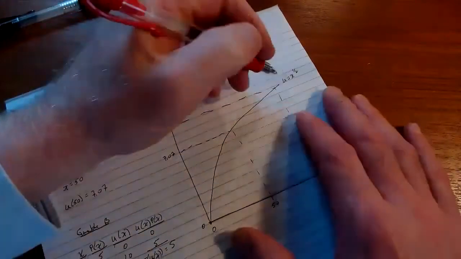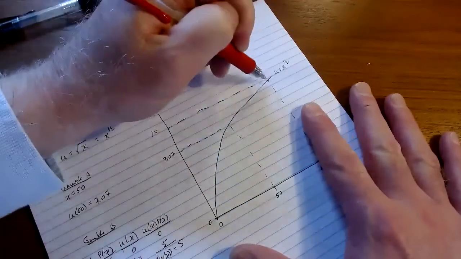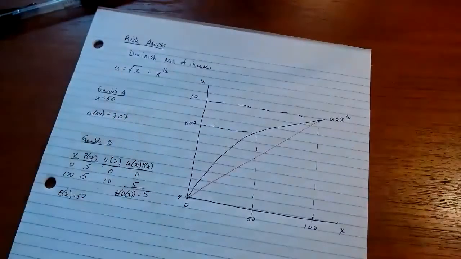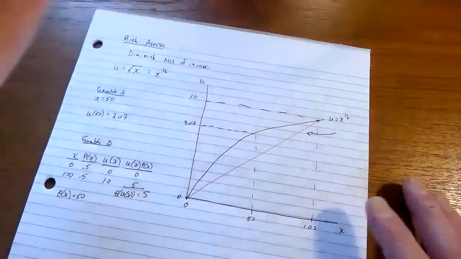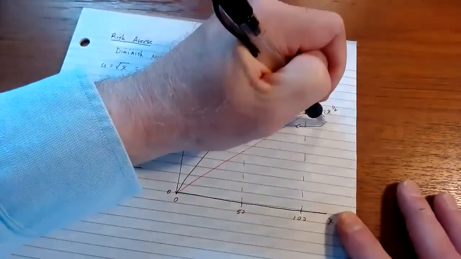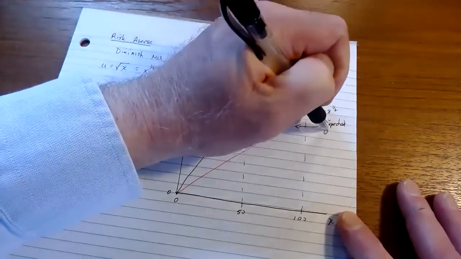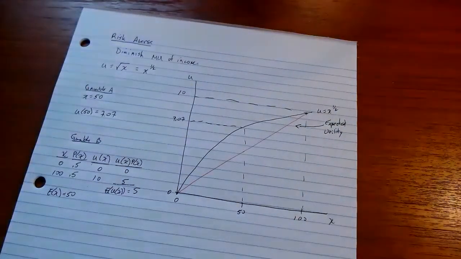When I connect this point and this one, I get this red line, which connects the two points, and is called the expected utility. If you call it the expected utility frontier, we'll just refer to it as representing expected utility.